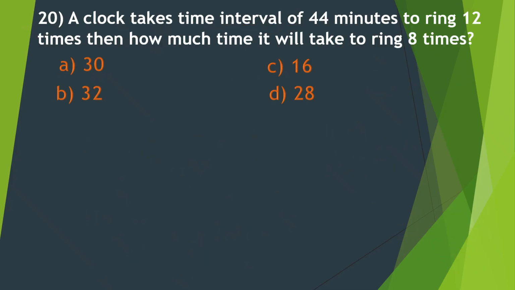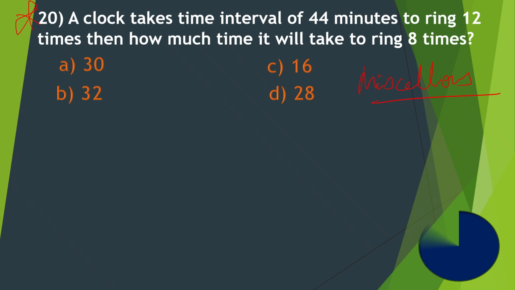20th question on your screen and your timer starts now. This is also a miscellaneous type of question. All types of miscellaneous questions I have put together in one class. This is also very important. A clock takes a time interval of 44 minutes to ring 12 times.